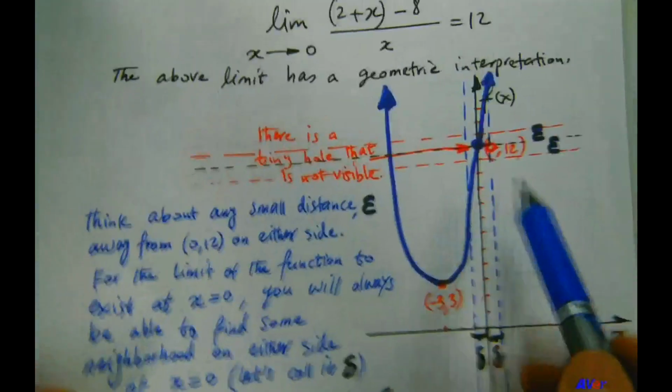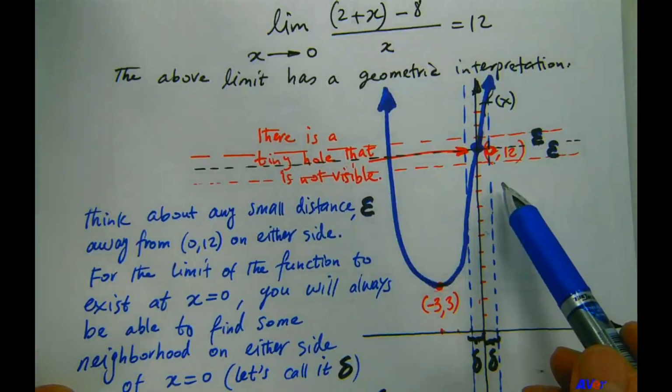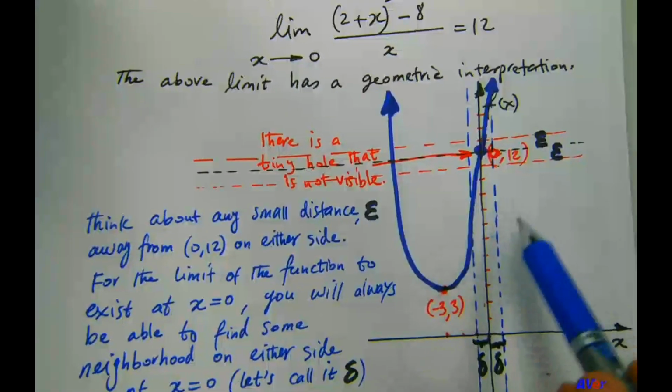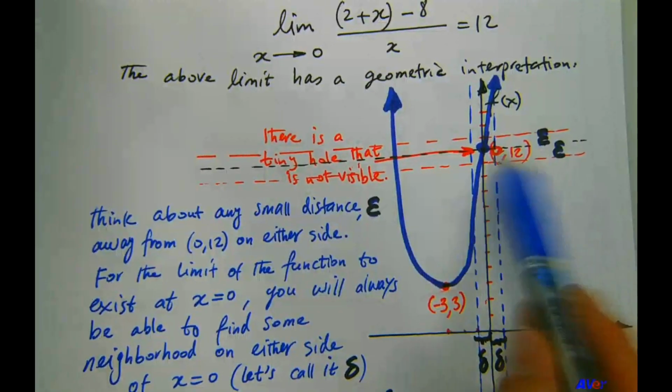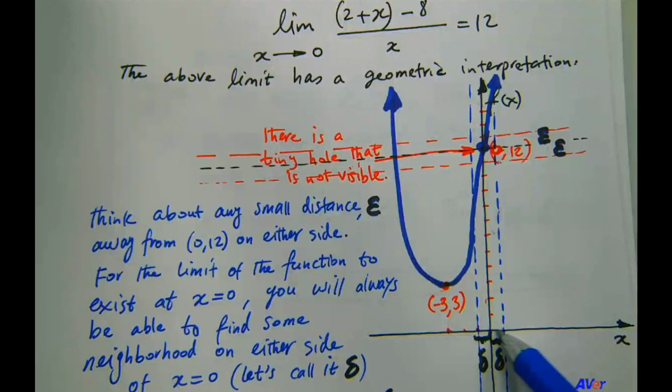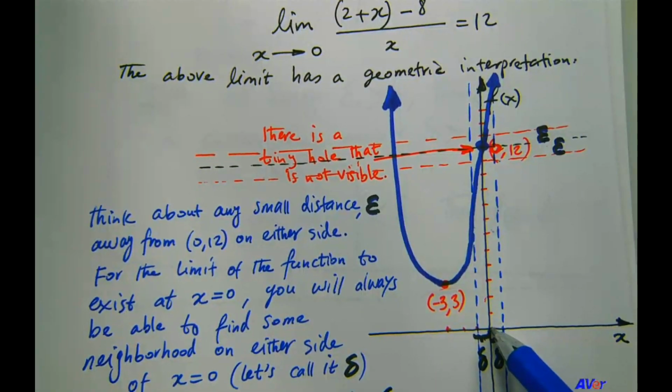So here, in contrast to what we showed, this is when the limit does exist, right? This is the limit when it does exist, and we can take epsilon arbitrarily small, and it would correspond to an arbitrarily small value within this delta distance of x value. But in contrast to that, what happens if the limit does not exist?